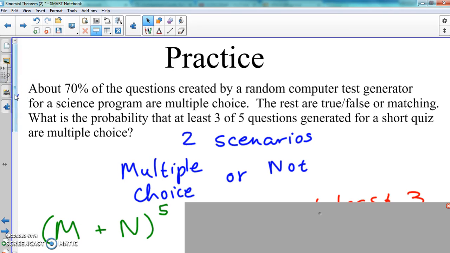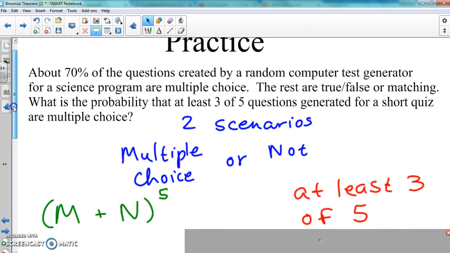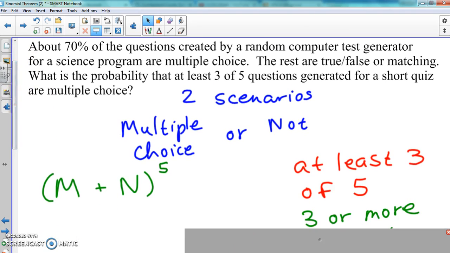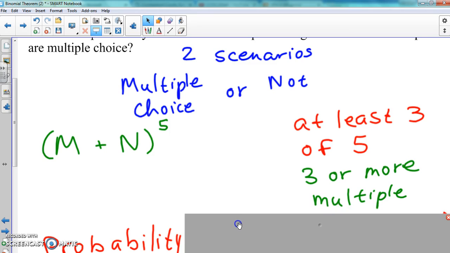And they want to know, and this part here is important, they want to know at least 3 out of 5. So does that mean at least 3 out of 5, I believe I wrote this last part down. That means 3 or more. Sorry, I didn't mean to show that part yet. That means 3 or more multiple choice.